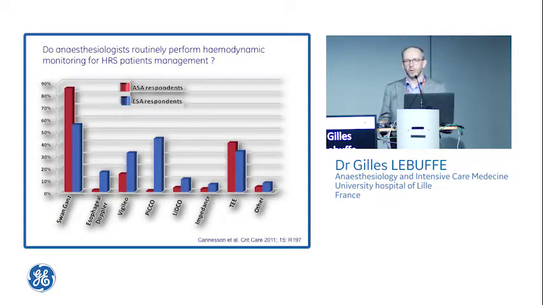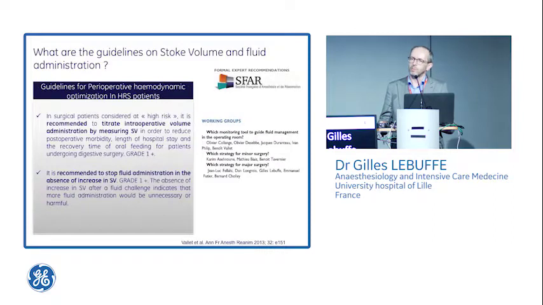It's quite surprising because we now have guidelines regarding hemodynamic management in our patients, and more particularly in high-risk surgical patients. These are the French guidelines, but we also have the European guidelines, and they say the same. What do these guidelines say? In surgical patients considered at high risk, it is recommended to titrate intraoperative volume administration by measuring stroke volume.